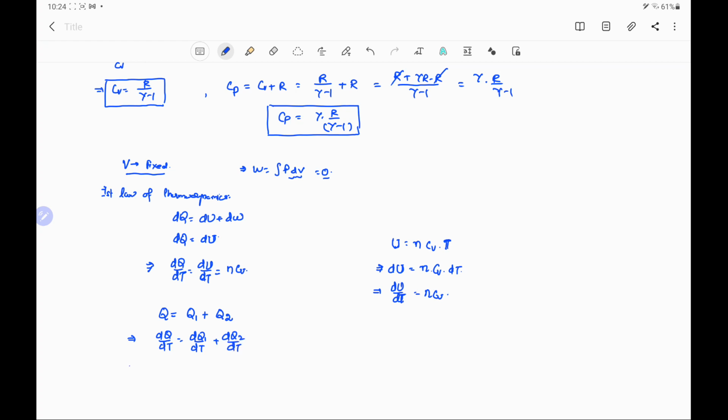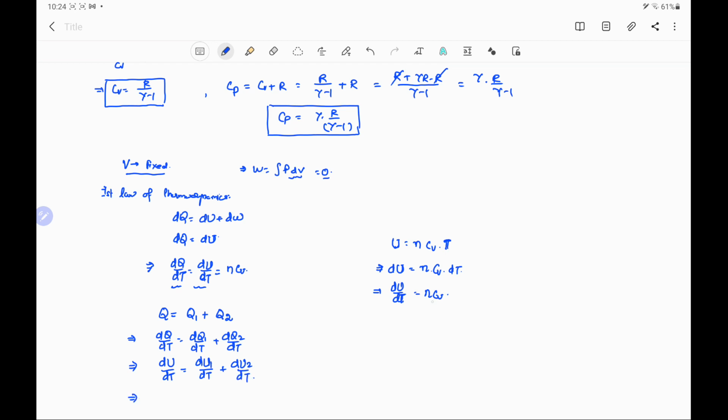And for the given case where volume is constant, dq/dt can be replaced by du/dt. So we can write du/dt of the mixture will be equal to du1/dt for the first gas plus du2/dt for the second gas.